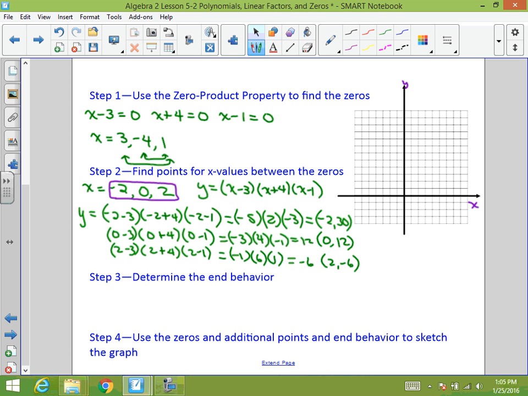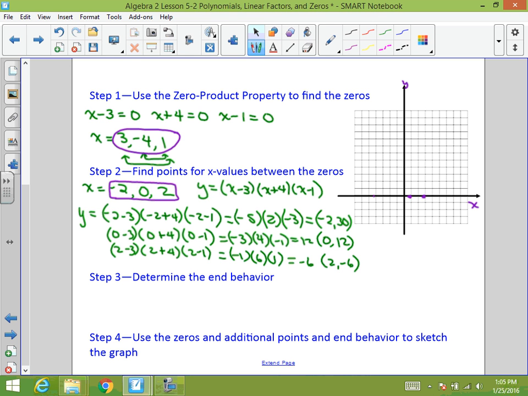I messed that up, didn't I? I'm looking at the wrong thing. It crosses the x-axis at 3, so we'll plot that point. It crosses the x-axis at negative 4. 1, 2, 3, 4. And it crosses the x-axis at 1.